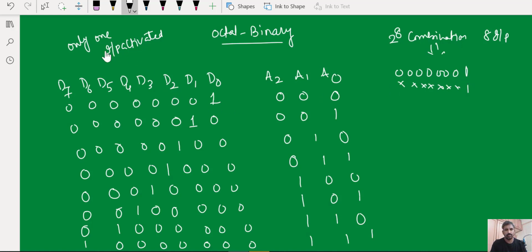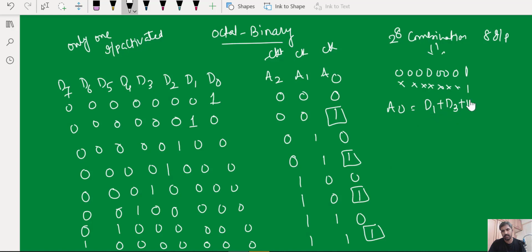Now we have the input and required output. Now we need to design one circuit for A2, one for A1, one for A0. If I write it for A0, A0 is 1 at this point, this point, this point and this point. If you look at here, this will be 1, then 3, then 5 and 7. So you can write A0 as D1 plus D3 plus D5 plus D7.